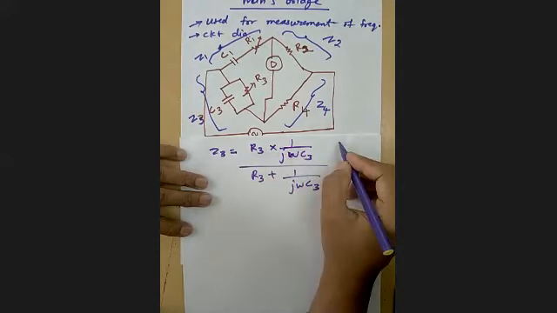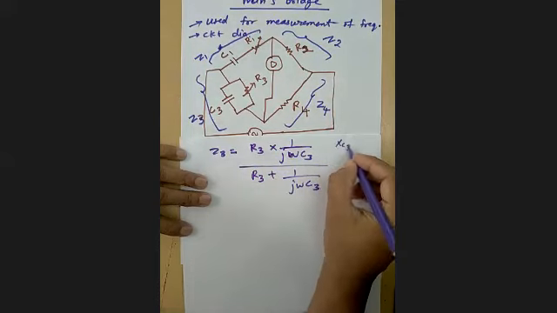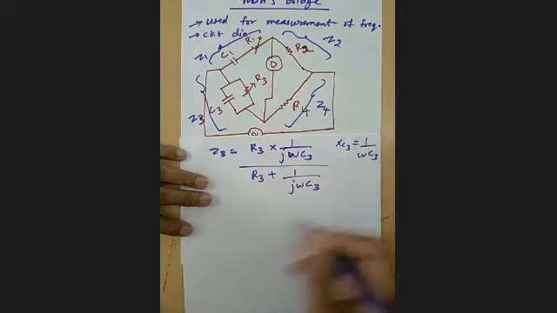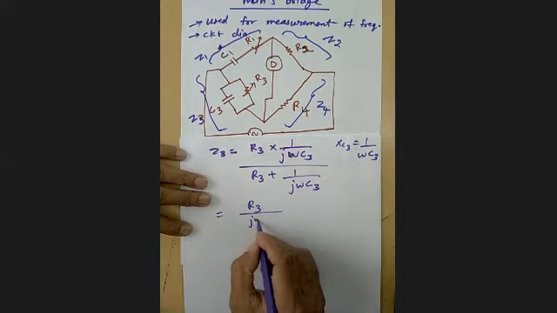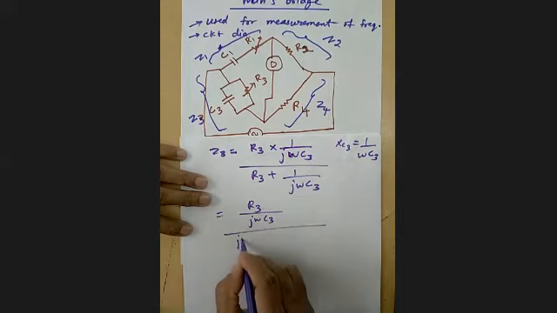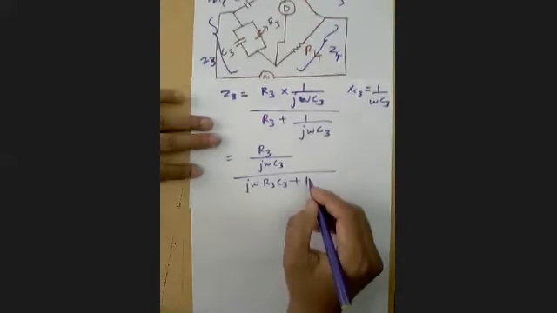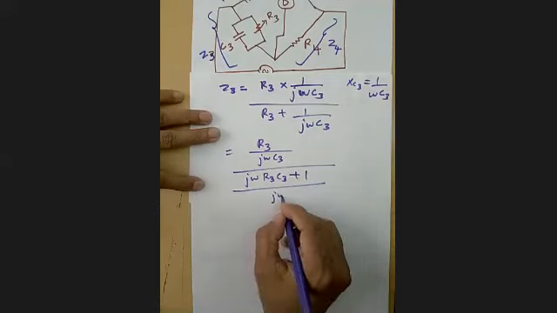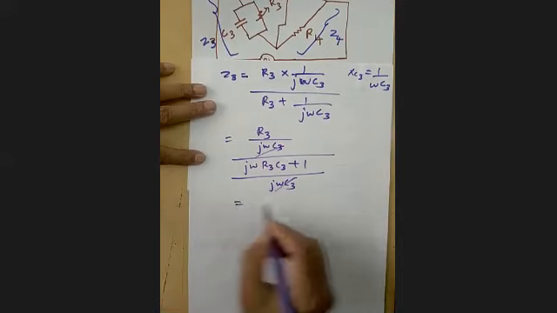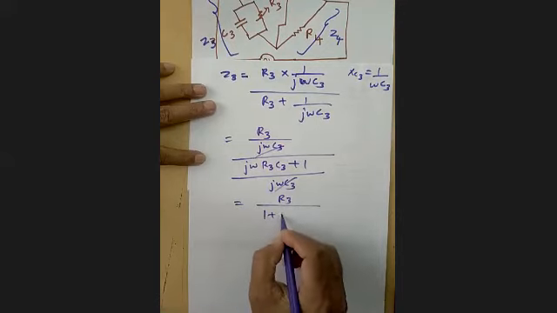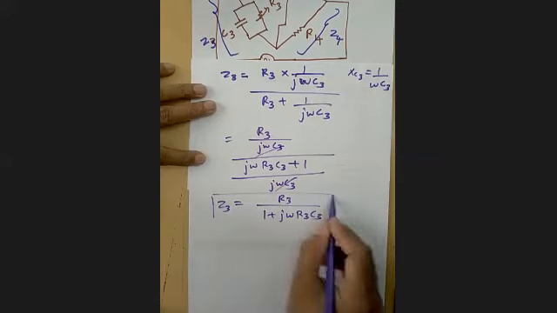As we know, XC3 is equal to 1 upon omega C3. So now take the LCM here and solve this. j omega R3 C3 plus 1 upon j omega C3, so this is cut down. It is equal to R3 upon 1 plus j omega R3 C3. This is the value of Z3.